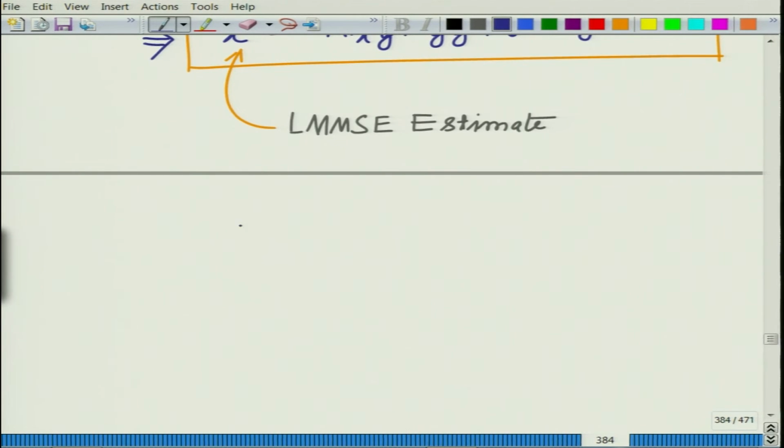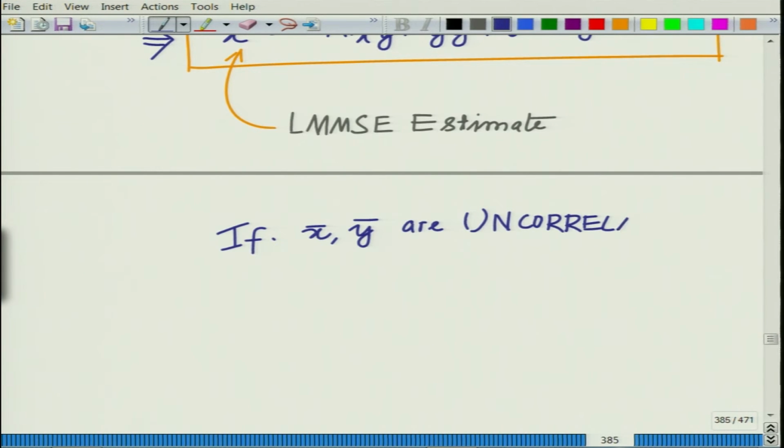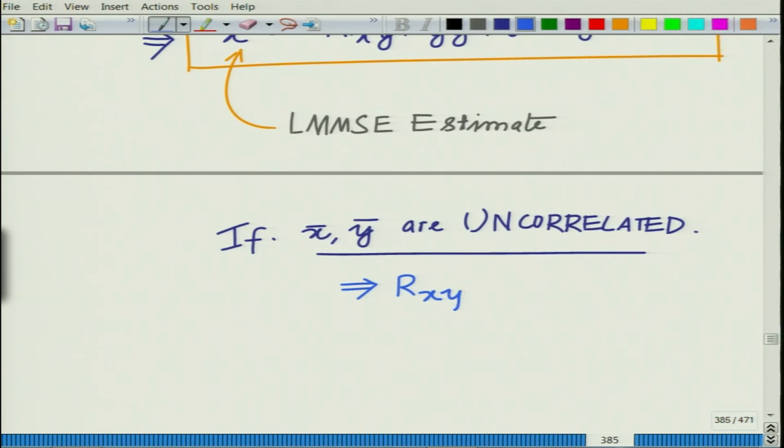If x bar and y bar are uncorrelated, this implies r x y equal to 0.